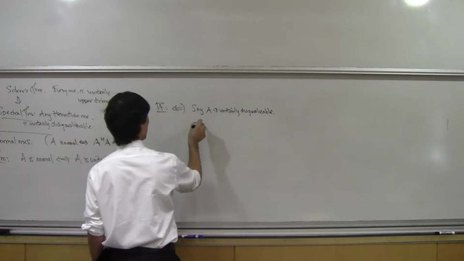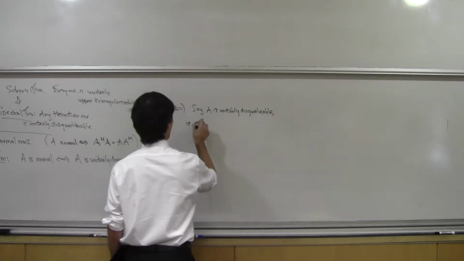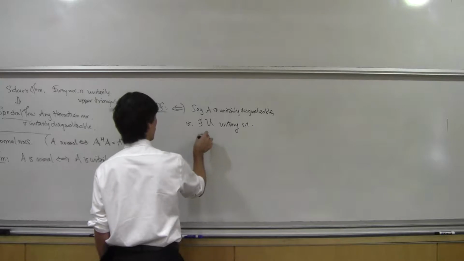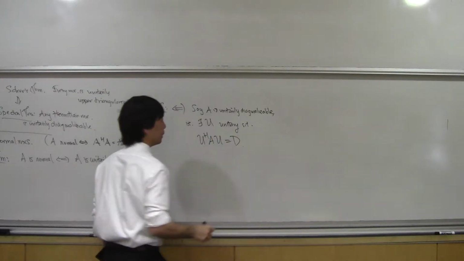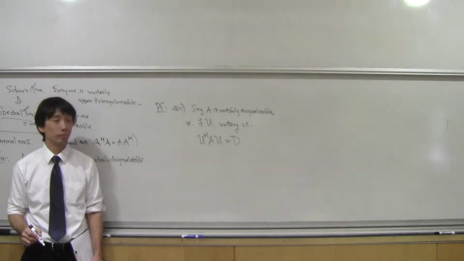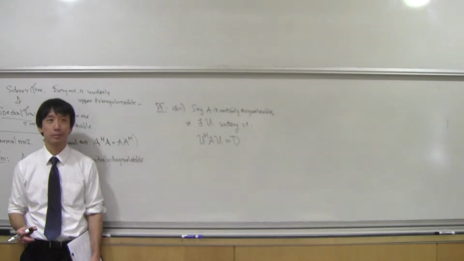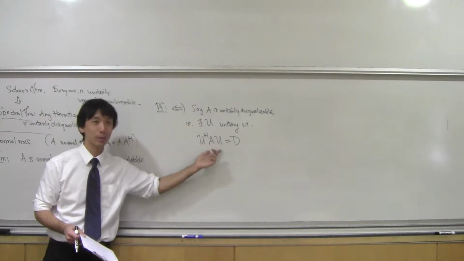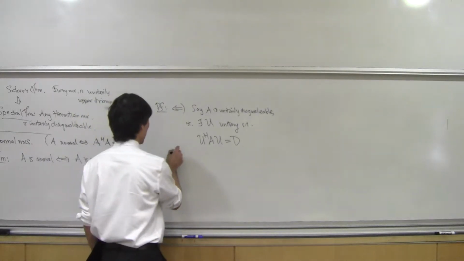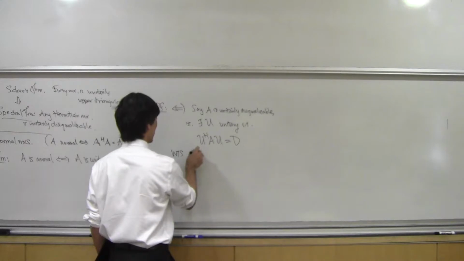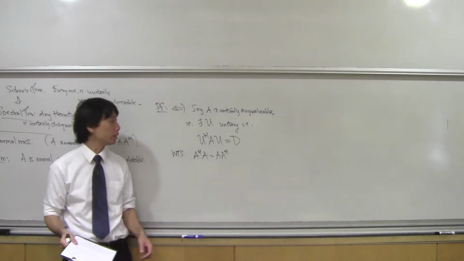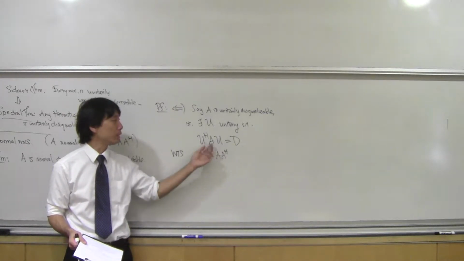In other words, there exists a unitary U such that U^H A U is some diagonal matrix D. So you want to show that A^H A equals A A^H.